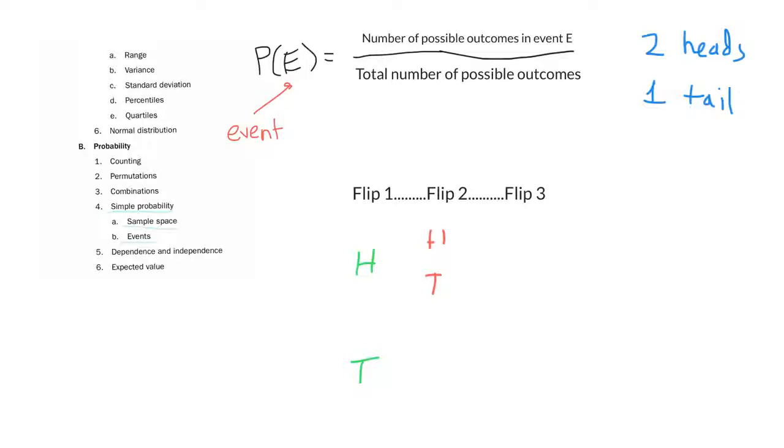Well, that would be also the possibility of getting a heads or a tails, and the tree diagram would have you connect these, right? So once again, under the first flip, let's say we get heads. Well, then for the next flip, there's still the possibility of getting either a heads or a tails, right? And then from there, it's going to be flip 3. Well, imagine you got a heads for the first flip, a heads for the second flip.